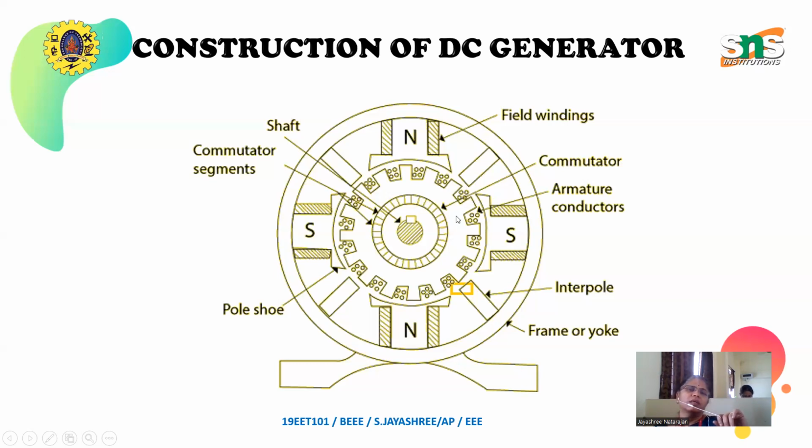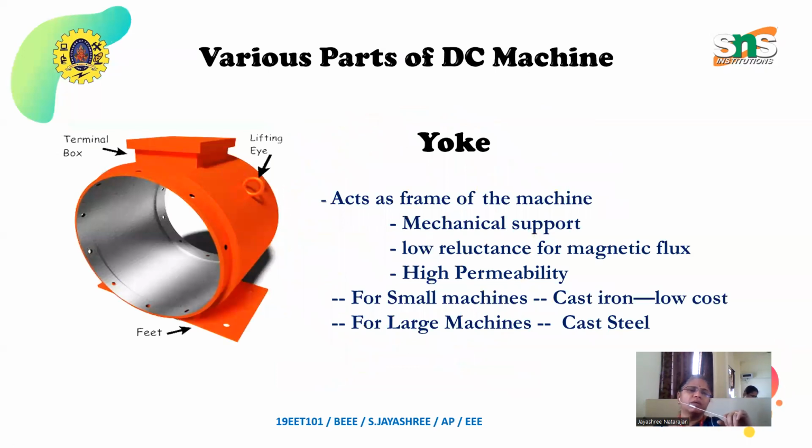Then in the middle portion is the commutator, which converts alternating current into direct current. It is made of copper. We call this a commutator segment. The middle portion is a shaft or key, which houses the entire rotor part. We'll look into these one by one.